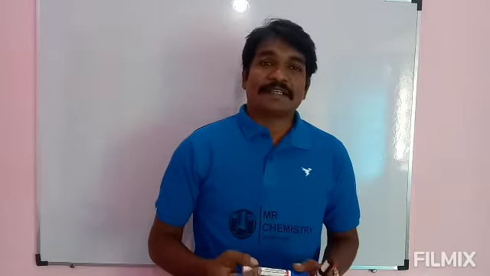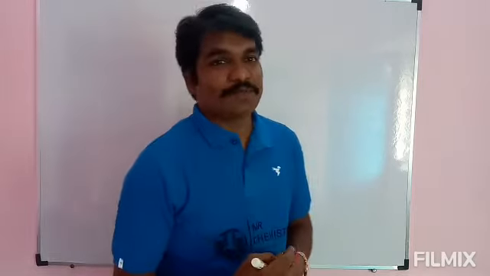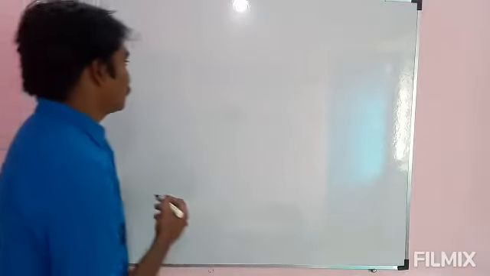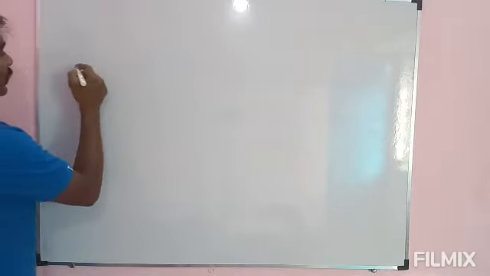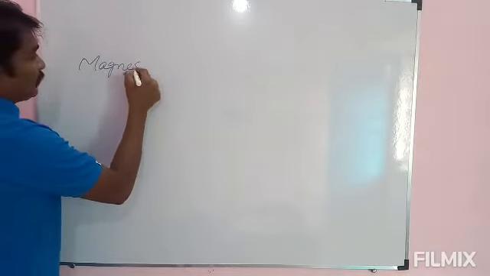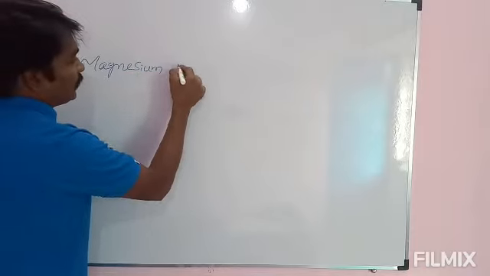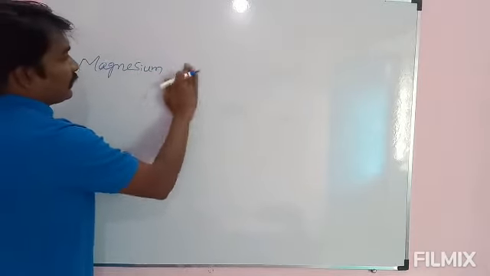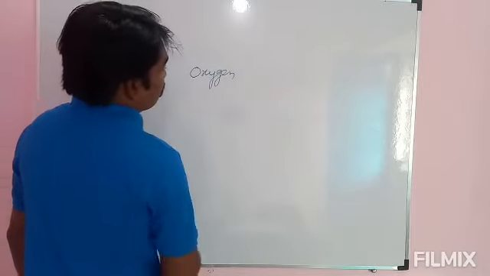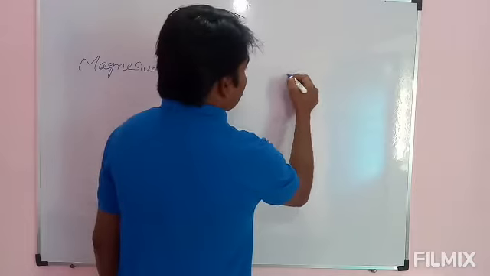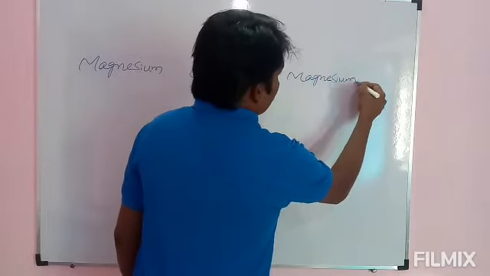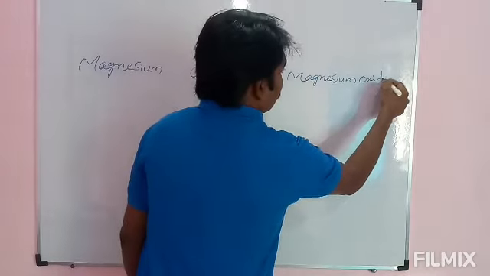Then how to write this reaction in the form of an equation? First we will write the word equation and then the symbolic representation. Magnesium reacts with oxygen. First I am writing the things reacting with each other, and the product, magnesium oxide.